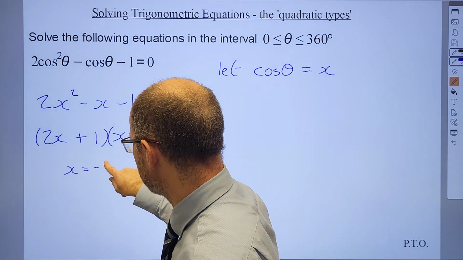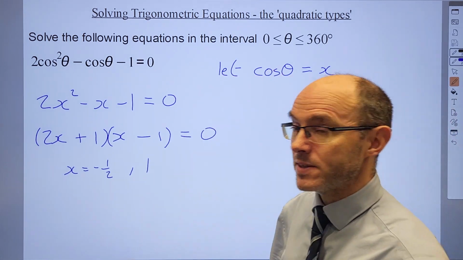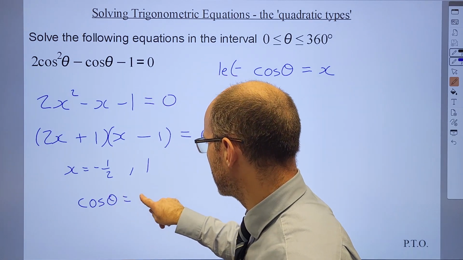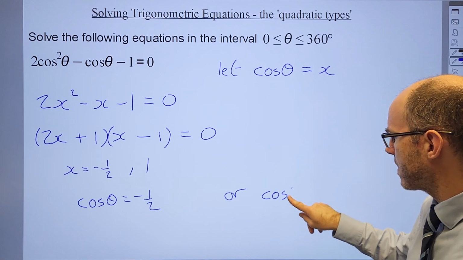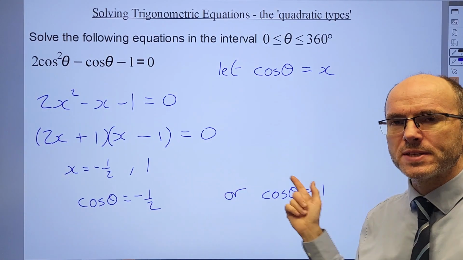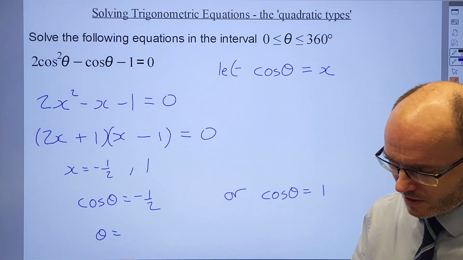X equals negative half or positive 1, but then that means cosine theta is equal to either one of those. So cosine theta equals negative half, or cosine theta is equal to 1. Okay? And you've got two sets of solutions you've got to find. So you do the inverse cosine of negative a half. Let's just do that.